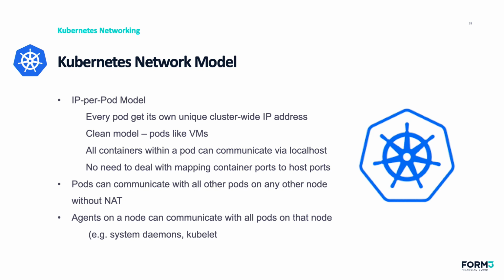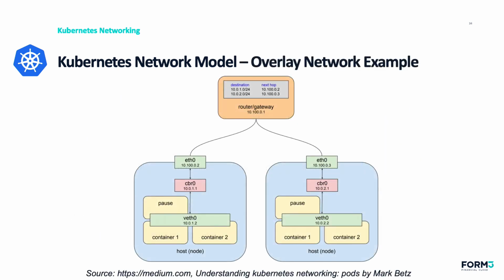All containers inside the virtual machines can communicate via localhost. Pods can communicate with all other pods, and agents on a node can communicate with all pods on that node. So that's the Kubernetes networking model. It's called an overlay network. Why overlay? Because over the host network, we have another network model with specific needs.